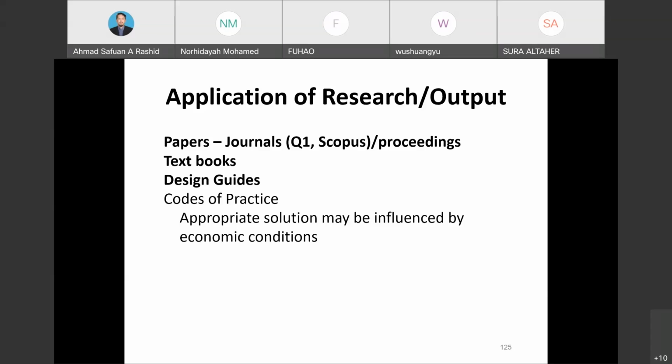During my PhD, my supervisor didn't emphasize producing any journal papers. But after I completed my PhD, I have published nine, if I'm not mistaken, or ten journal papers, the majority in impact factor journals.